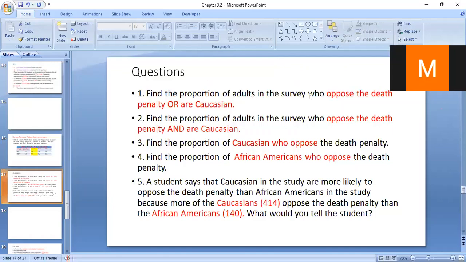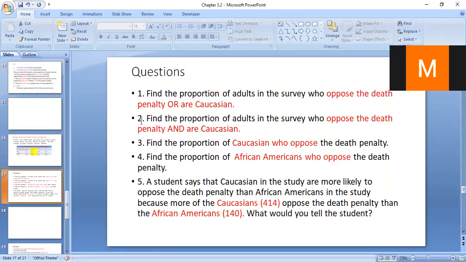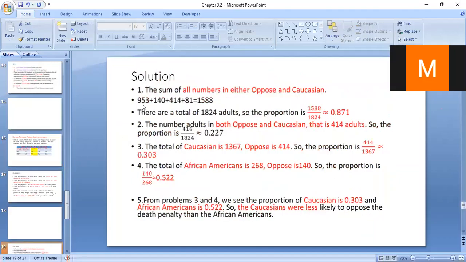Find the proportion of the survey that uphold the death penalty or are Caucasian. So you add the uphold and Caucasian, and 953 plus 140 plus 440 plus 81 equals 1,588.